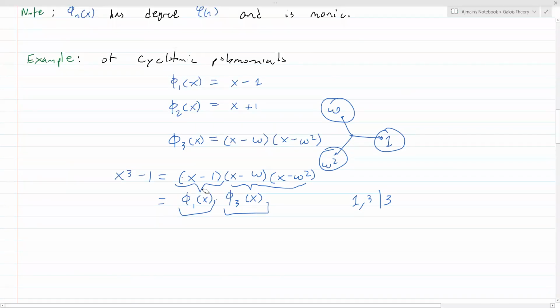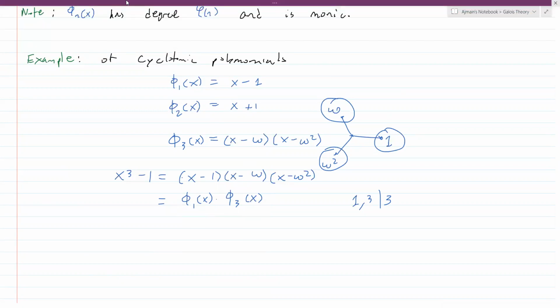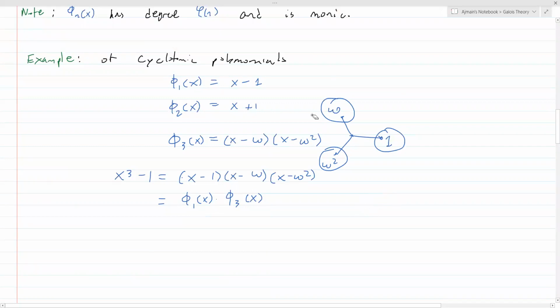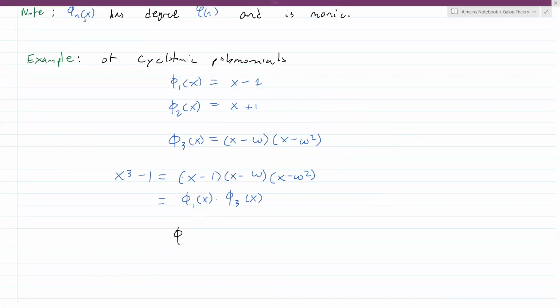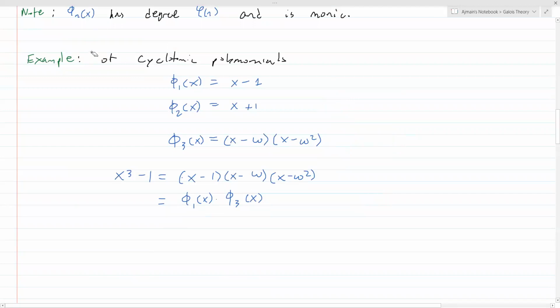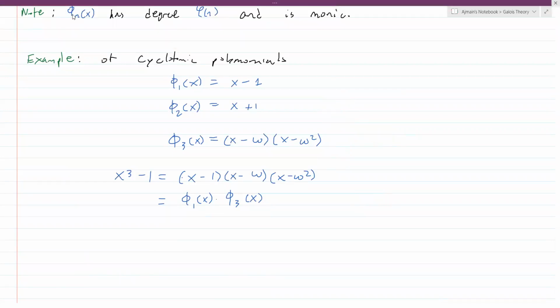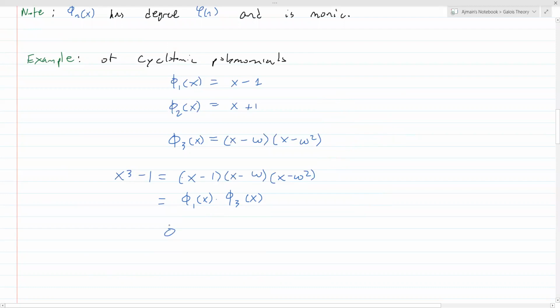Any of these polynomials x to the n minus 1, you can factor as a product of cyclotomic polynomials, but let me just stick with this example for now. That tells you that phi 3 of x is we take this polynomial x cubed minus 1 and divide it by phi 1 of x.